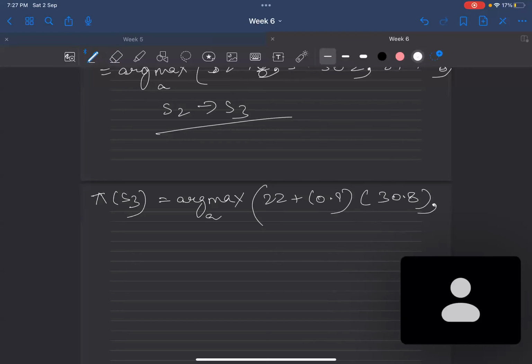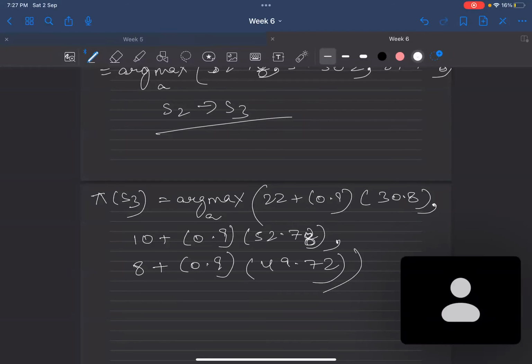S3 to S2: the reward is 10, plus 0.9 into the value of S2, 52.72. S3 to S3: the reward is 8 plus 0.9 into 49.72.